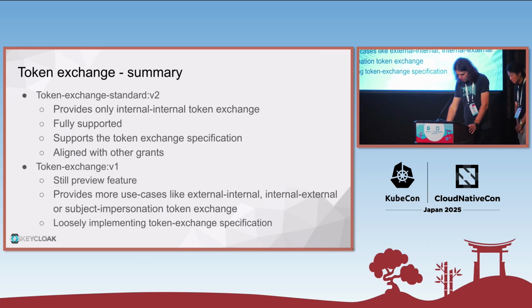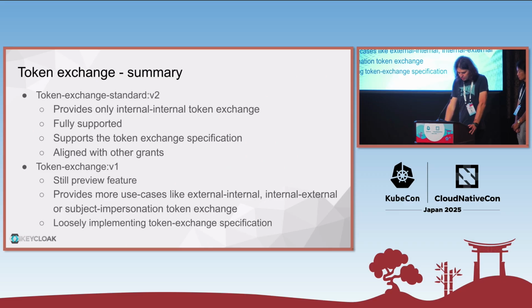So in summary, token exchange standard version 2 is fully supported, and it provides internal token exchange, which means what I mentioned, like exchanging one token issued to some Keycloak client for another token issued to a Keycloak client.